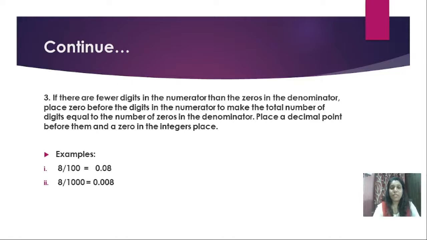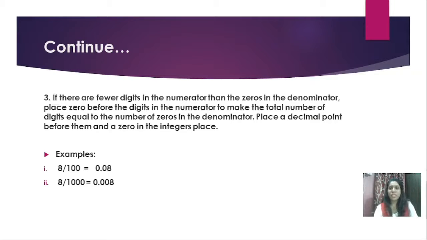If there are fewer digits in the numerator than the zeros in the denominator, place 0 before the digits in the numerator to make the total number of digits equal to the number of zeros in the denominator. Then place a decimal point before the number and add a 0 in the integers place. It's very simple, children. I hope you are understanding, okay?